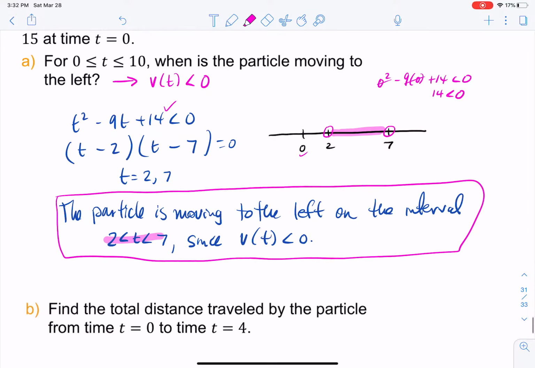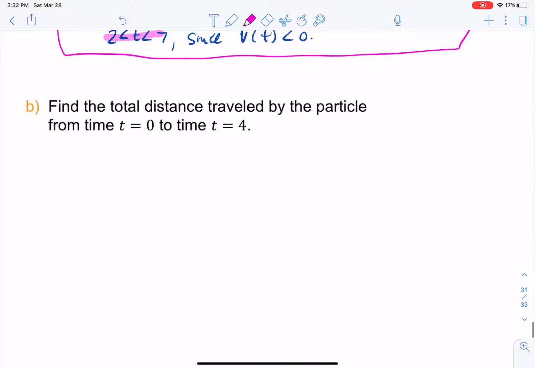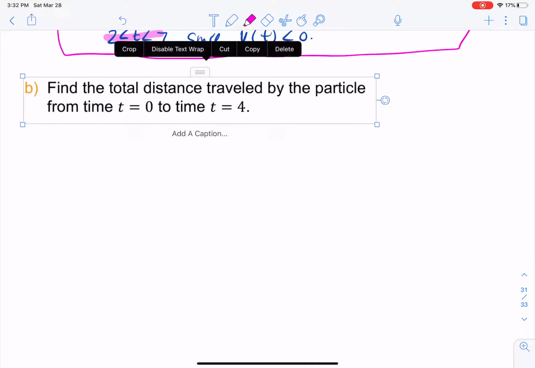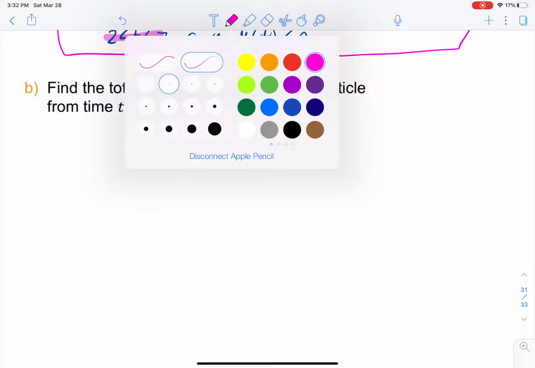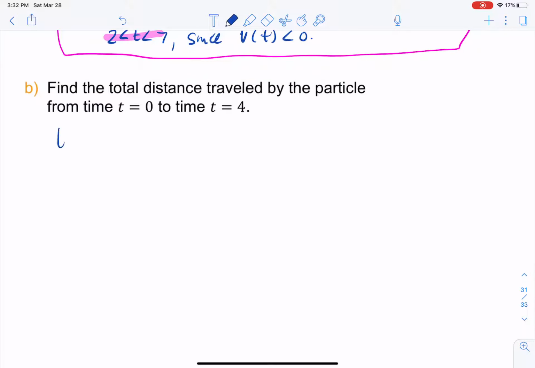B. Find the total distance traveled by the particle from time t = 0 to time t = 4. As we saw in another one of the questions, our total distance is equal to a definite integral over our time interval, 0 to 4, of not your velocity function but your speed function, so it's the absolute value of v(t) dt.